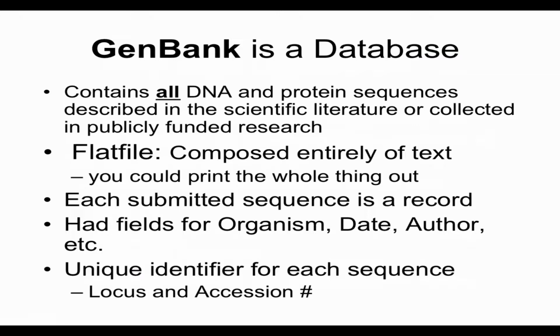That can be a sequence record. Each has fields for organism, date, author, etc., and each one has a unique identifier, usually called the locus or an accession number. Those are two different unique identifiers that every GenBank sequence has.